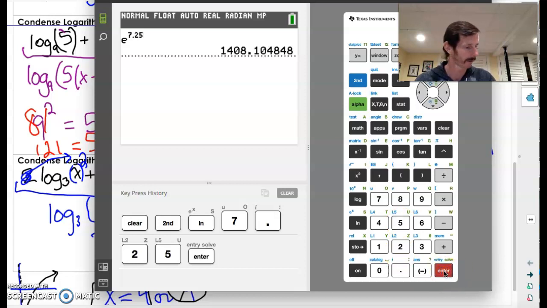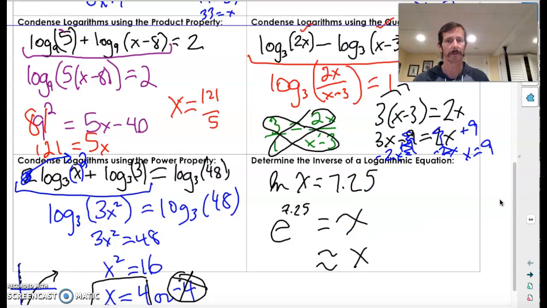And I get a very large number, 1408.1. And so I can write 1408. And I'm approximating. So sometimes if you ended up with a log or an exponent as part of your numeric answer, you use your calculator, and you're going to get an approximation.